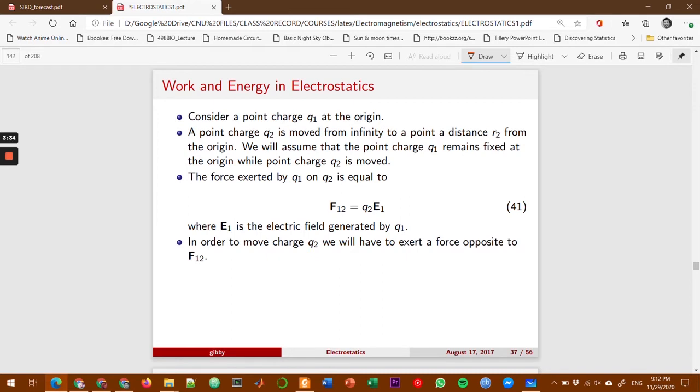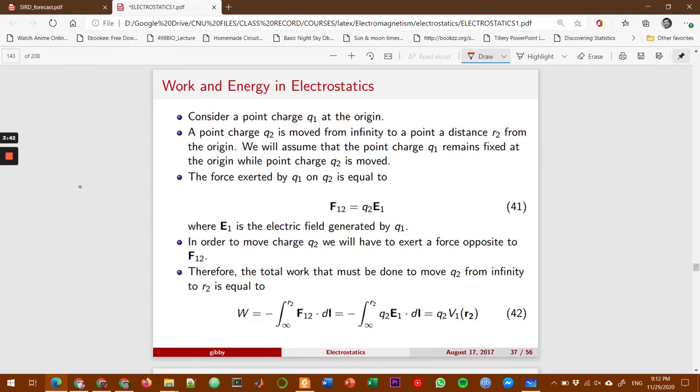So, in order to move Q2, we will have to exert a force opposite to this force, right? When you calculate that, we actually get the work done, because we are bringing charge Q2 to a certain distance, and there's this force opposing that charge Q2 because of this charge Q1, and it also involves a distance, because there is a distance you traverse when bringing Q2 to a certain distance.